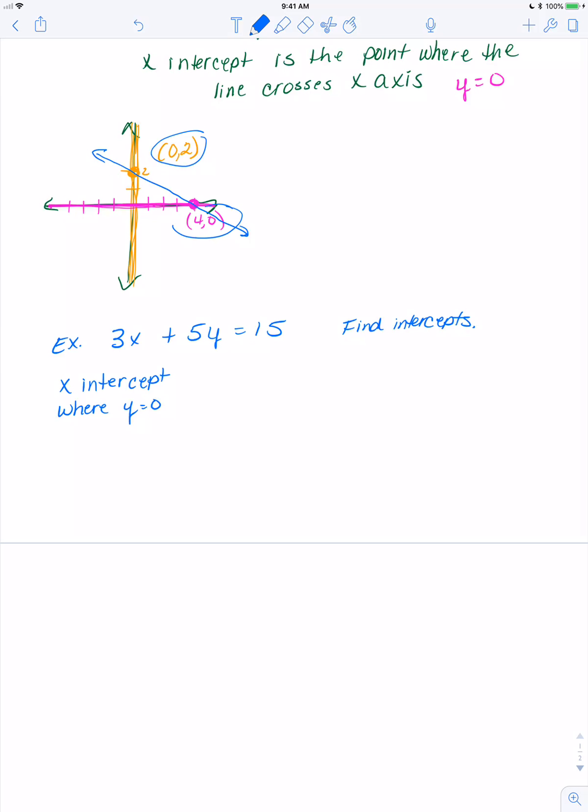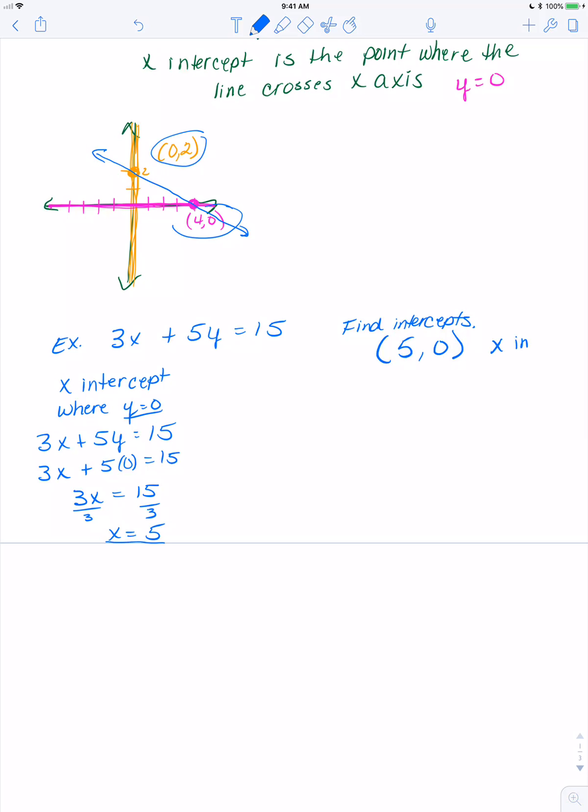If we know one of these variables in our equation is equal to 0, then we can set that variable to 0. So we have 3x plus 5 times y, which is 0, is equal to 15. Anything times 0 is 0, so we're left with 3x is equal to 15, and divide by 3. So the x-intercept is at 5. Remember that ordered pair is where y is equal to 0, so x is 5, y is 0. So that first intercept is at 5, 0.